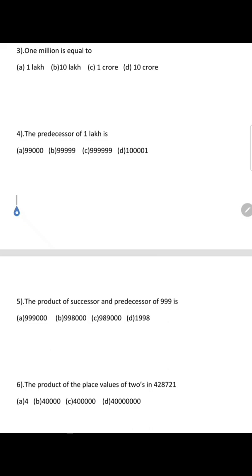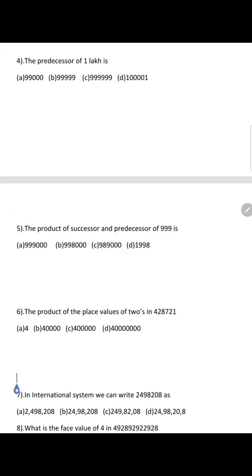The third question is, 1 million is equal to dash. So we will write 1 million like this, and the equivalent number is this one, that is, 1 million is equal to 10 lakh. Next question is, the predecessor of 1 lakh is.